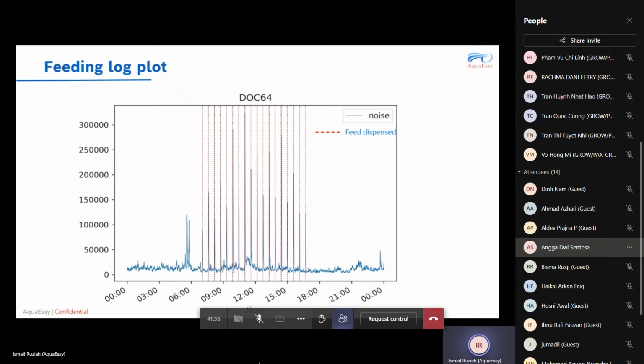But what we want to capture is the reaction of the shrimps when the feed is dispensed in the water. That is the more important information that we want to capture rather than the baseline noise, because the baseline is more like trying to set a consistent value that we can measure against.